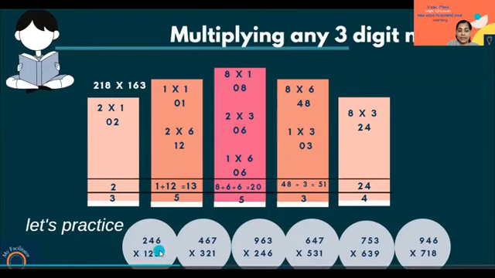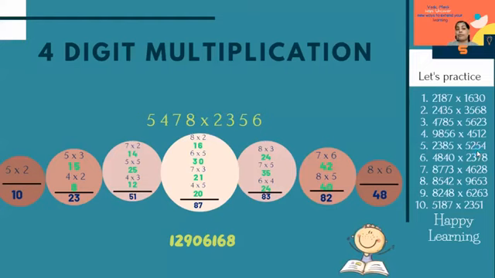These are the practice sums. So please practice it, pause my video, take a little time. It may take 5 to 10 minutes, but once you get the concept, you can easily do it. So please pause my video, but I'll be moving ahead because I want to explain how to do 4-digit multiplication.